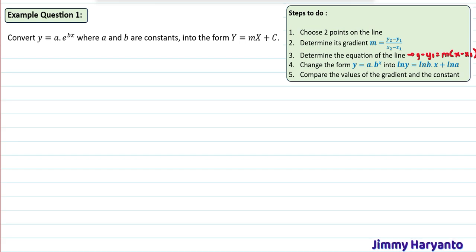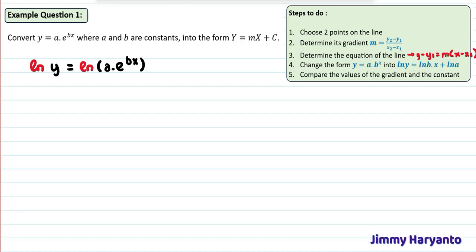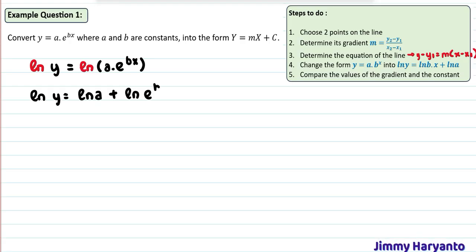So to convert the exponential form, we have to add ln to both sides like this. So you'll have ln y equals ln open brackets a times e to the power of bx. And then what next is ln y equals ln a plus ln e to the power of bx.